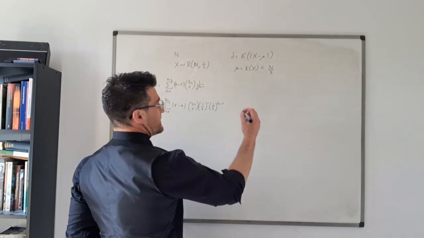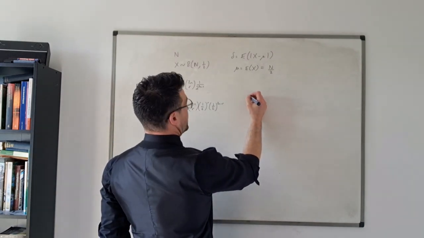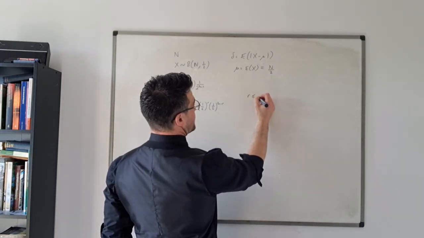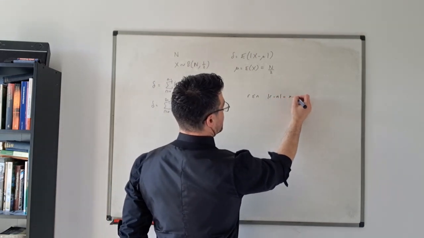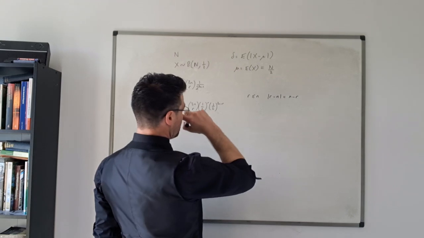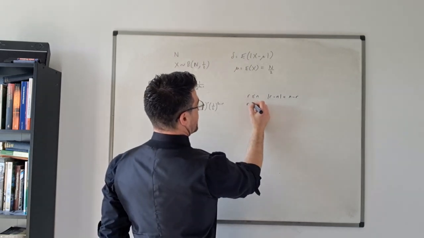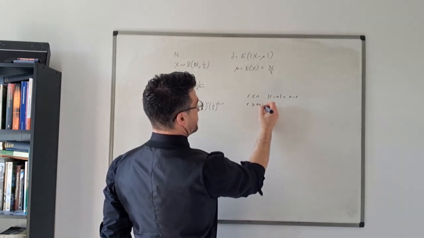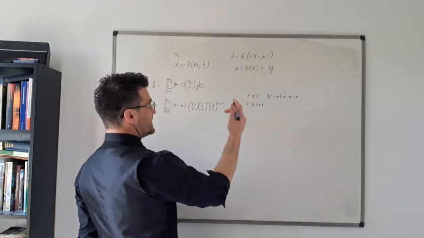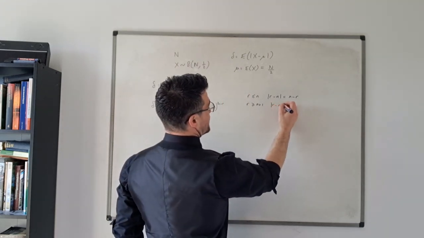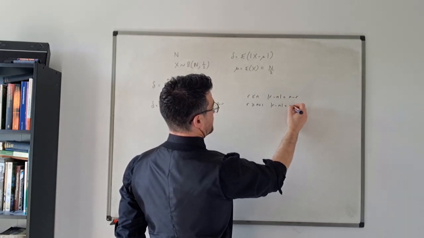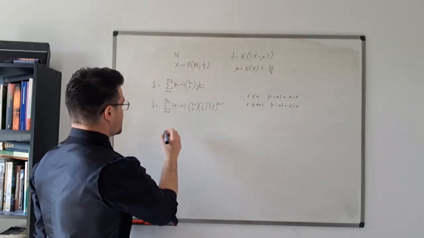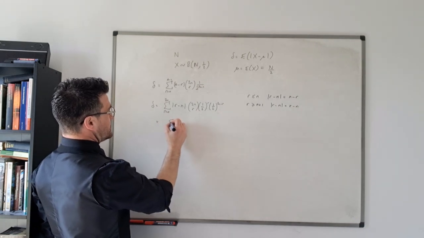So it's worth noting that for r less than or equal to n, the modulus of r minus n is equal to n minus r. And for r greater than or equal to n plus 1, and we're talking about r being an integer here, the modulus of r minus n is equal to r minus n. Okay? So this I can split into the following.